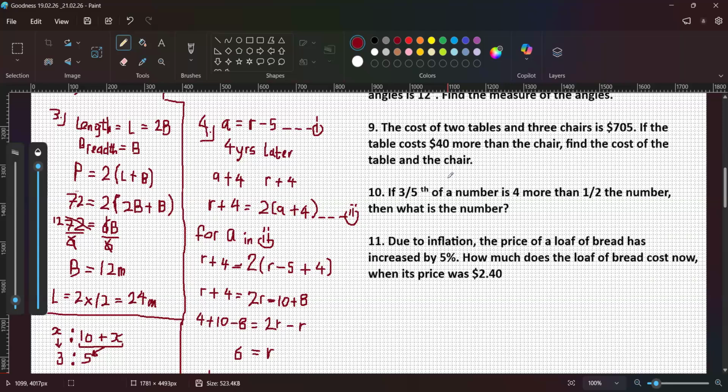Okay, so now this question. I don't want to say it's a bit ambiguous, but this is what I'm thinking. Are they asking us for the cost of the table plus the cost of the chair, or for the cost of the table and the cost of the chair separately? What do you think?